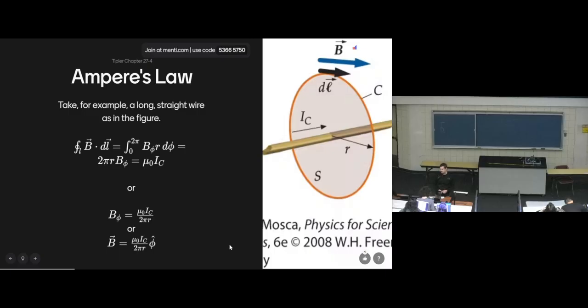phi hat, where phi hat is in the direction of, if you consider cylindrical coordinates, let z be the direction going from left to right here, and r be the distance away from the z-axis.